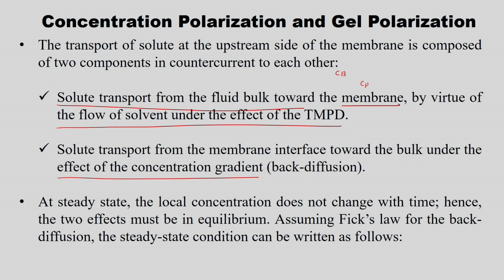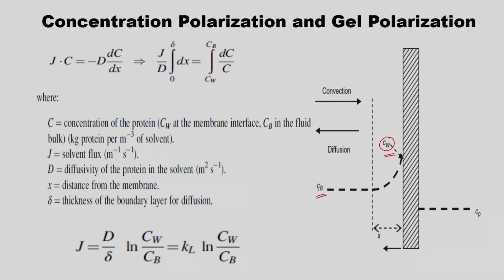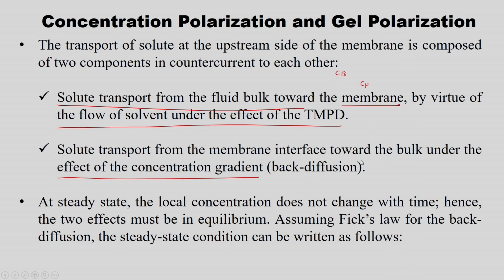The transport from the bulk toward the membrane surface is due to the transmembrane pressure difference, and the back diffusion of the solute from near the membrane surface to the bulk is due to diffusion, that is, the concentration gradient.